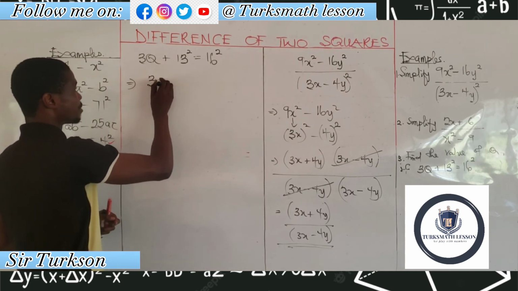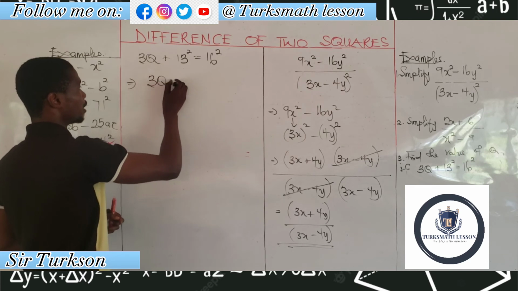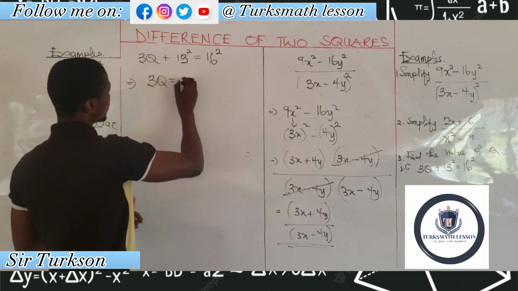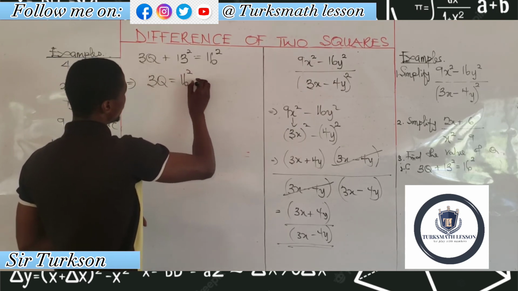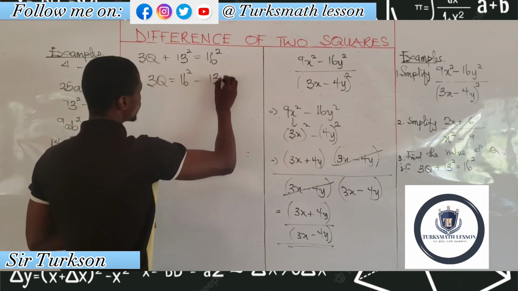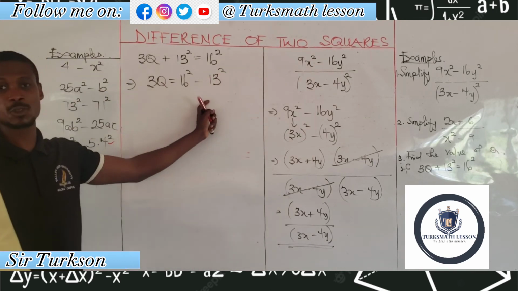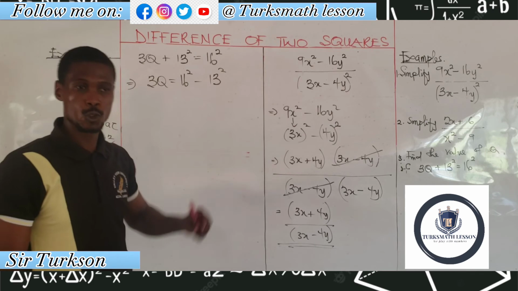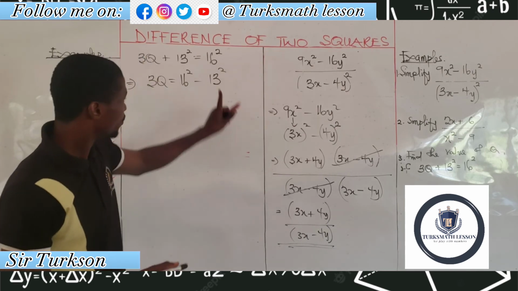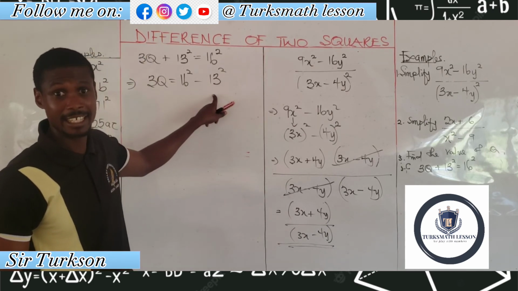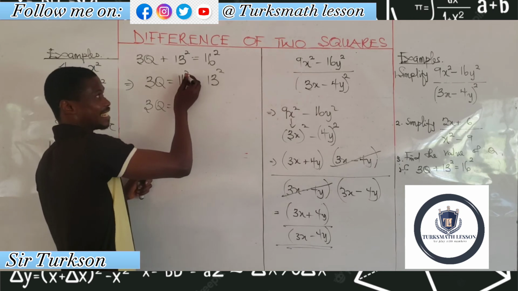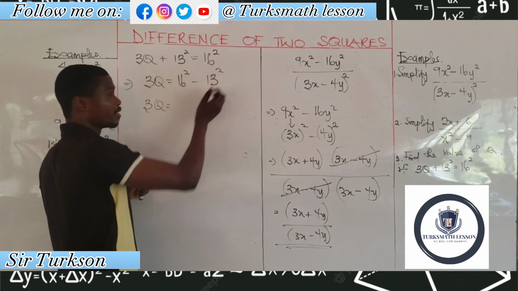So we are going to have 3Q equal to 16 squared minus 13 squared. And this equation becomes a difference of 2 squares, right? Because of the minus sign here. You see that it's carrying a square, isn't it? Yes. Very good.